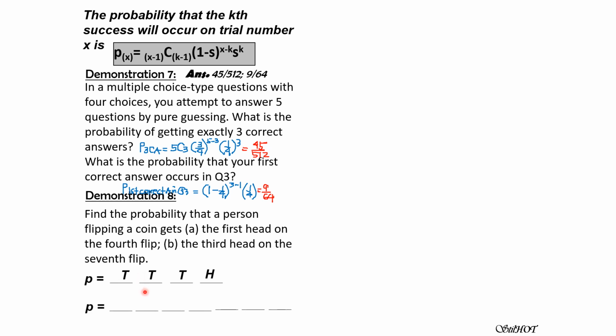So by the way, for the second part, if you use the formula, this is equal to, remember, 1 minus the probability of success. The probability of success, meaning the probability that it will be head, is 1/2.